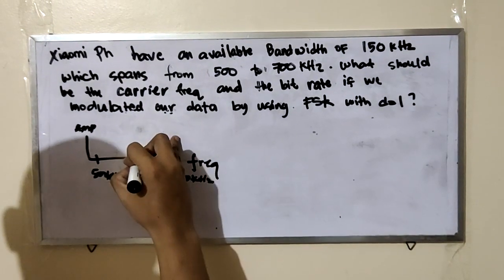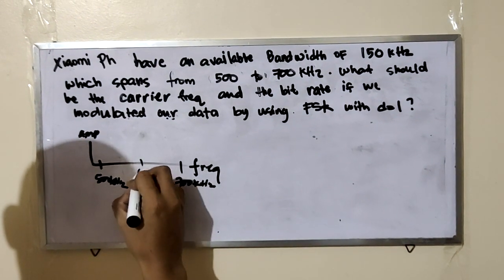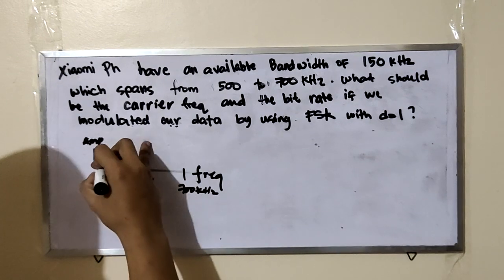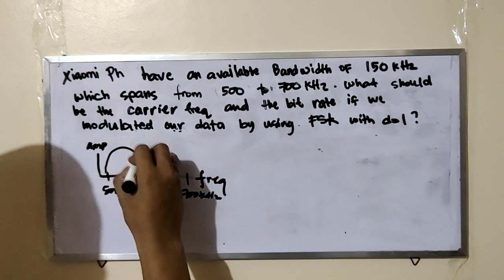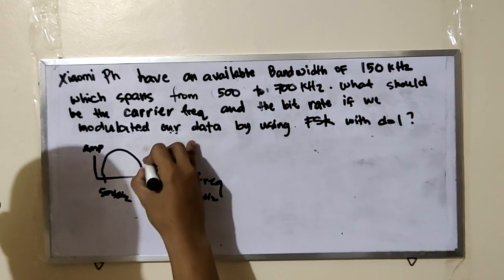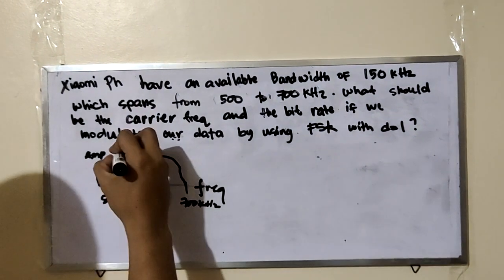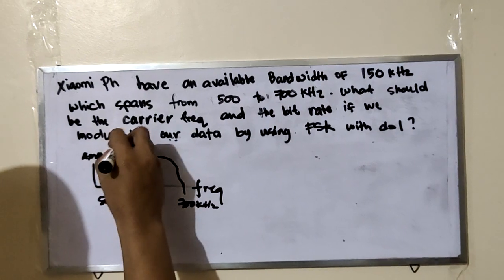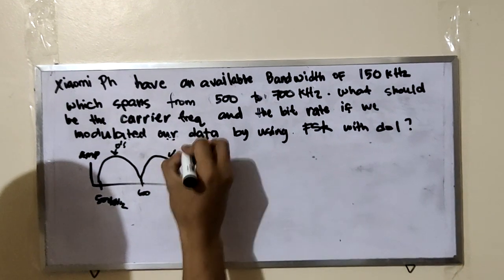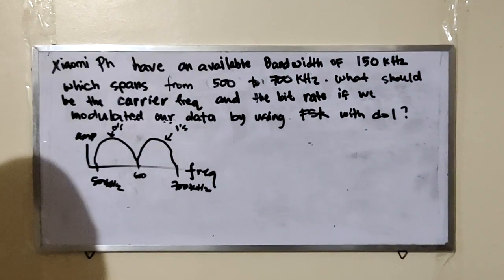Then we bisect it, 600 kHz. Then we drop the band: this band represents zeros, and this band represents ones.